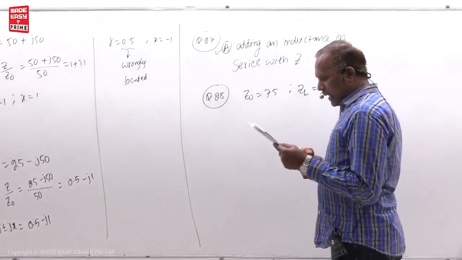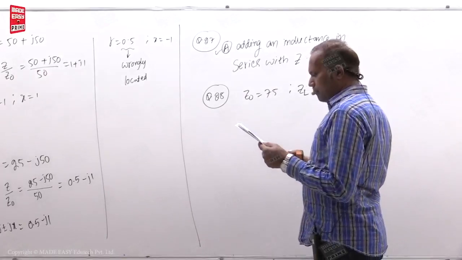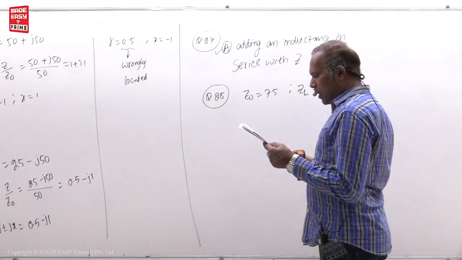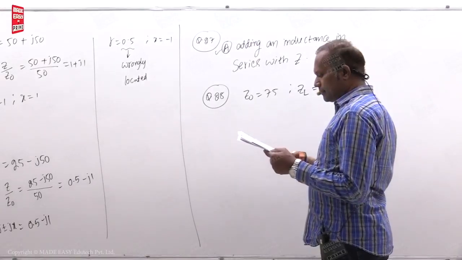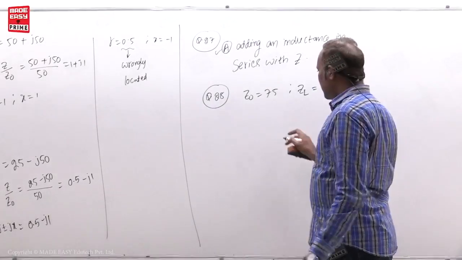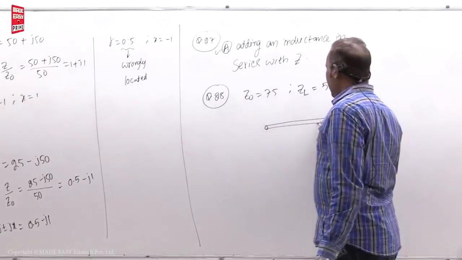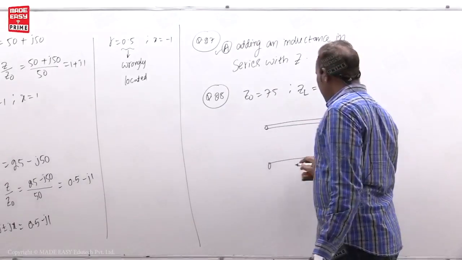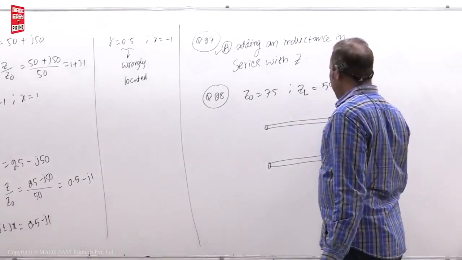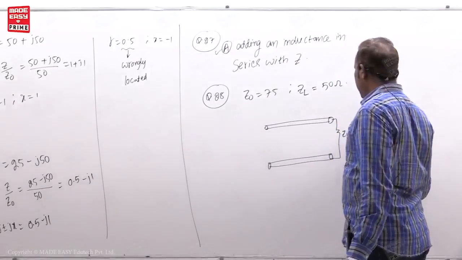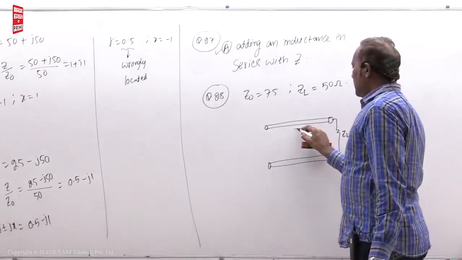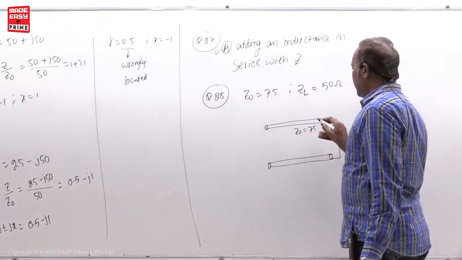The line length is increased from 0. What will be the locus of the input impedance at the other end? Okay, what that fellow is saying, for example, this is the transmission line. We have studied this also already. Now ZL is equal to 50 ohm, Z0 is equal to 75.